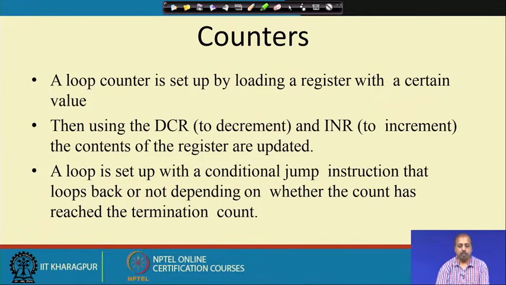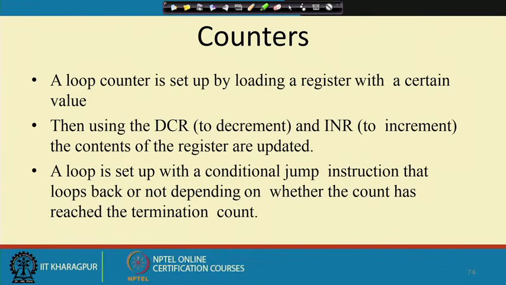Next, we will be looking into something like a counter. Many times we need to set some counter by loading a register with some value. Then we can decrement that counter and generate some sort of repetitive action out of that.